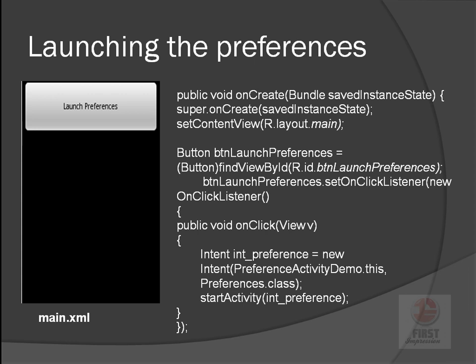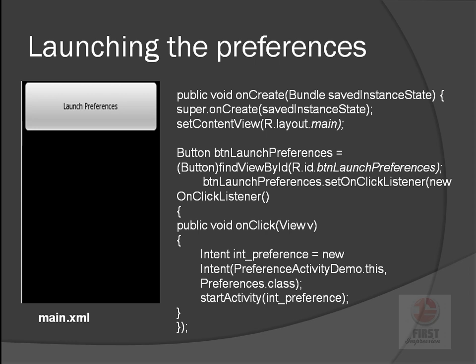Let me reiterate that. Whenever you click on launch preferences, the second activity will be called. Inside this activity, you will be changing the preferences. When you click on back, the activity of preferences will be going out of focus and this main activity will be coming in focus. That means the focus of the main activity is being changed.